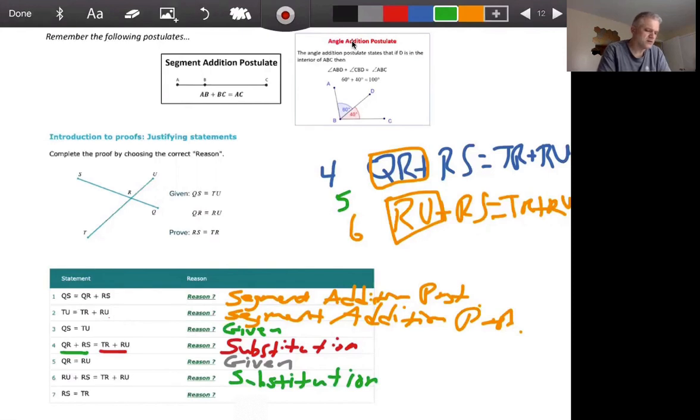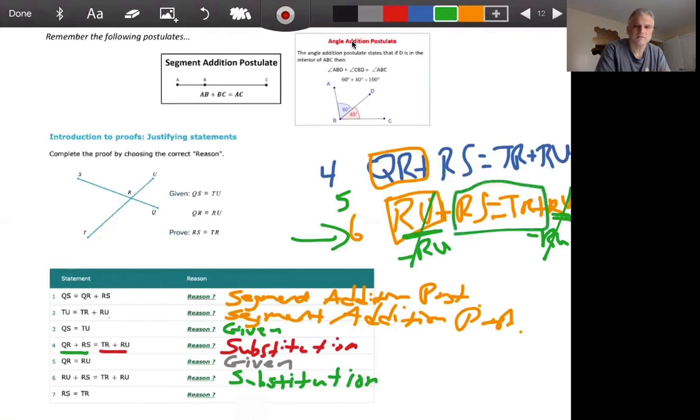And then finally, what is the difference between 6 and 7? So on 7, you got RS all by itself equals TR all by itself. All right, well, look at 6 here. Okay. Before I erase it up here, what do you notice? They manipulated it so that both sides have an RU. Okay, so if I subtracted RU from this side and this side, oh look, that's step 7.